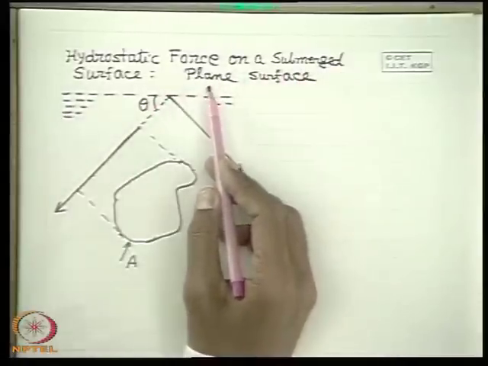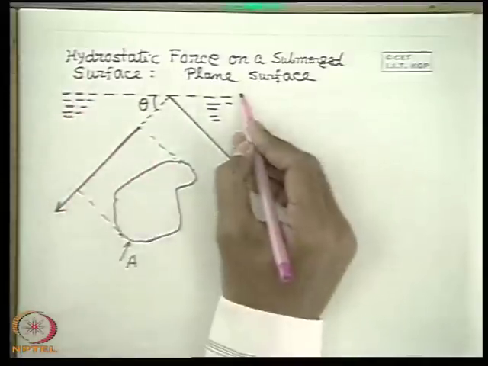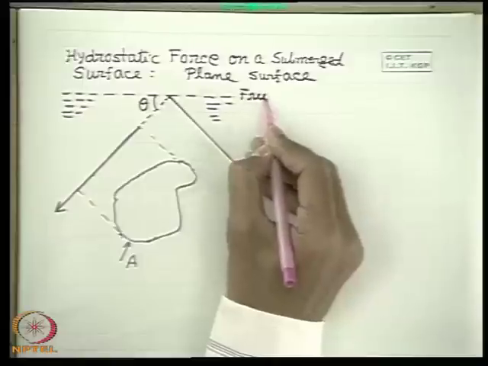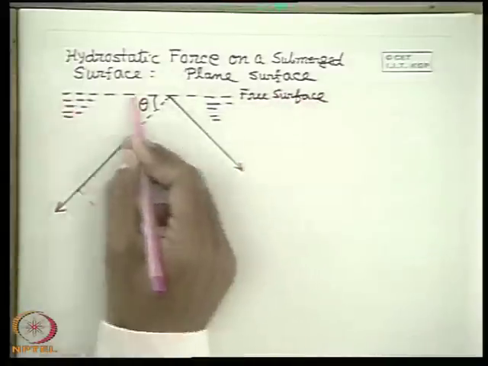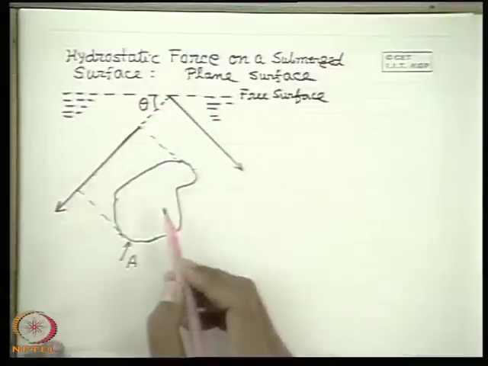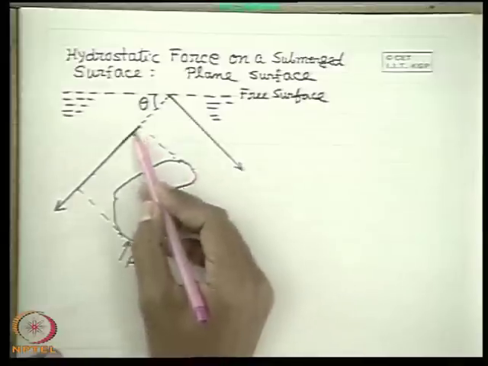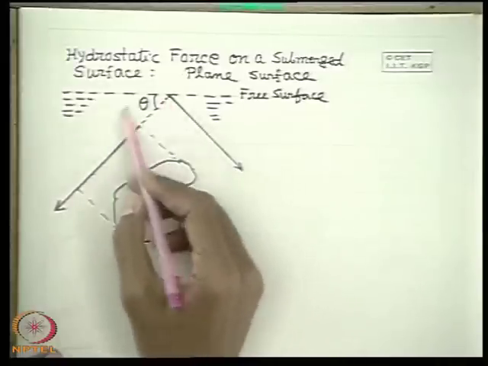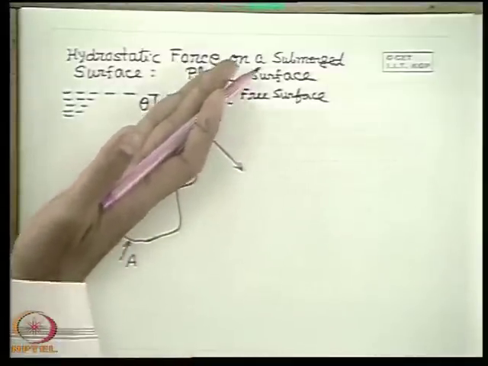We should first consider a plane surface. Let us consider a fluid at rest with a free surface. Let this be the free surface of the fluid. Now consider a surface submerged within the liquid at an inclination of theta.